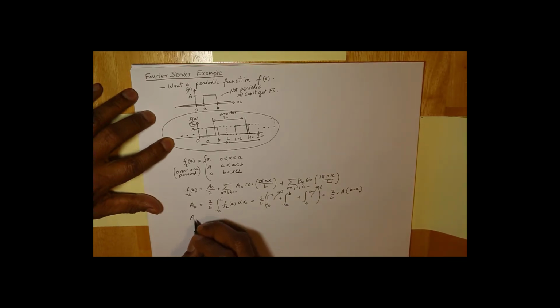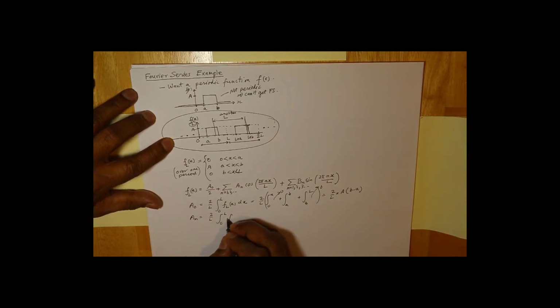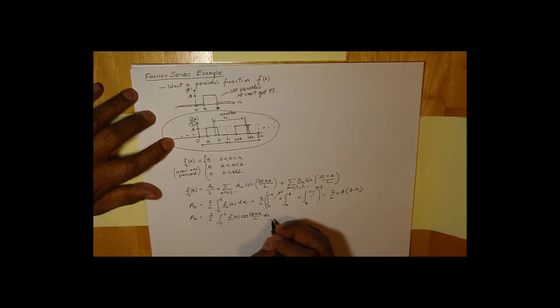How about a_n, which would be 2 over L, integral from 0 to L of f(x) times cosine of 2 pi nx over L dx.